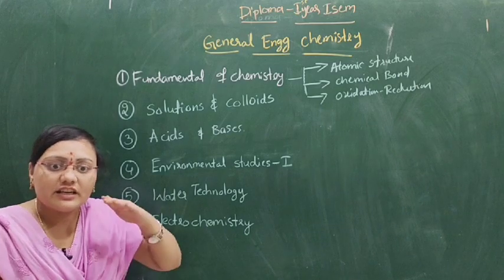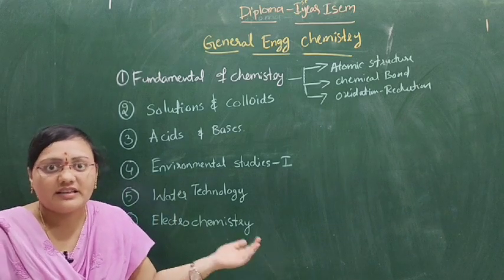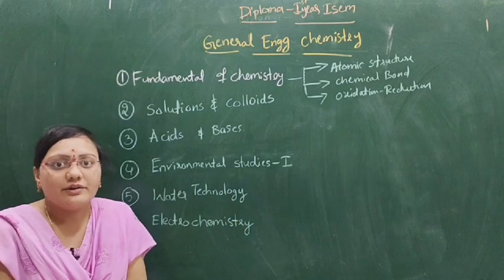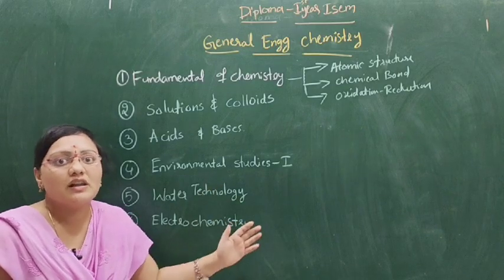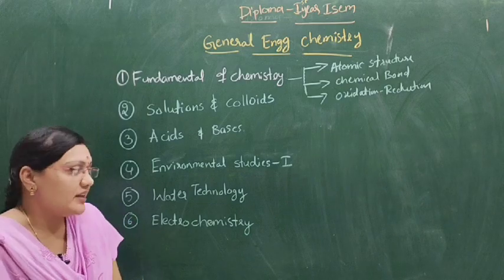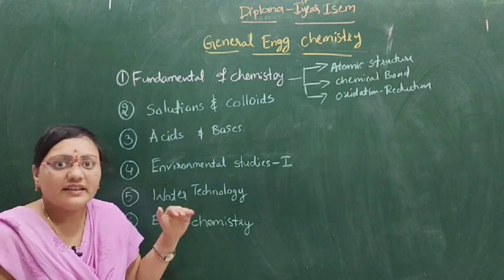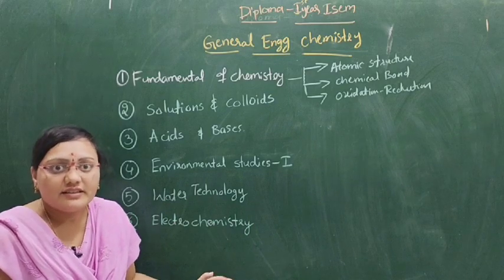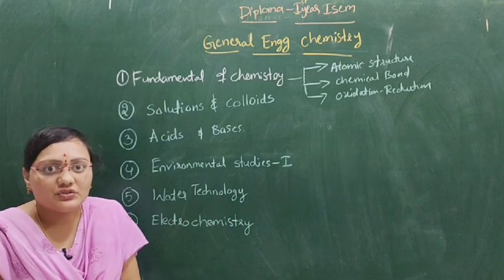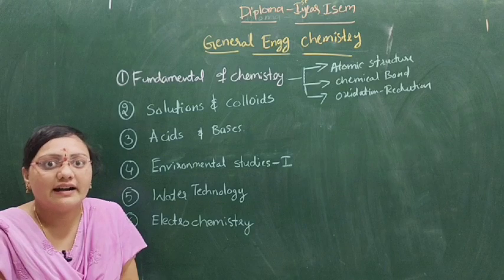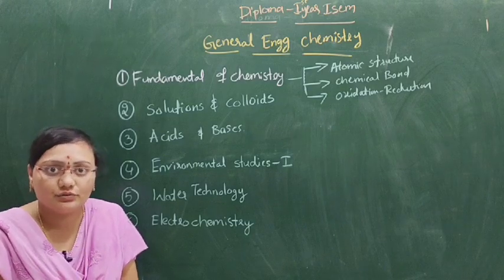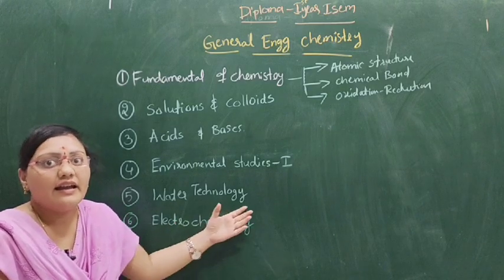Removal of permanent hardness is by ion exchange process, zeolite process, and municipal water treatment. And the last one is electrochemistry: what is a conductor, insulators, and Faraday's law 1, Faraday's law 2. These are electrochemistry.